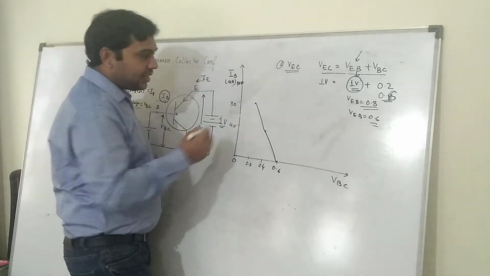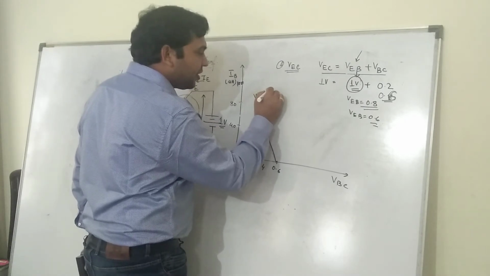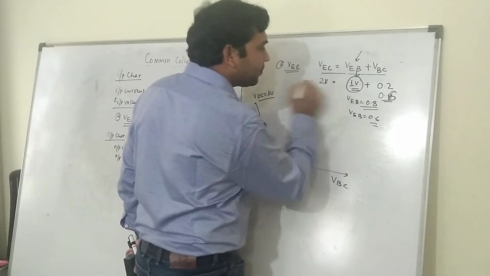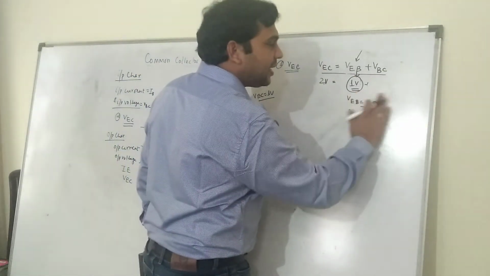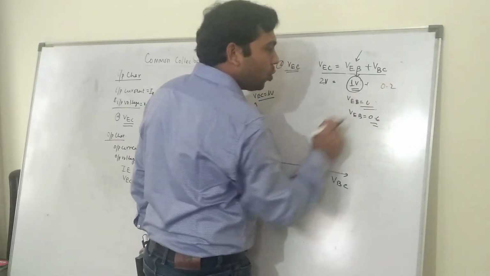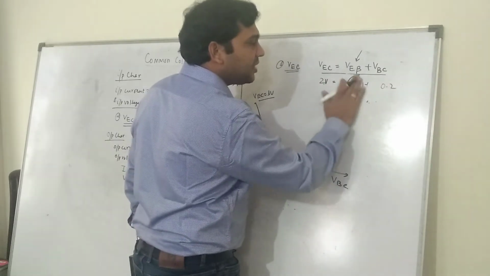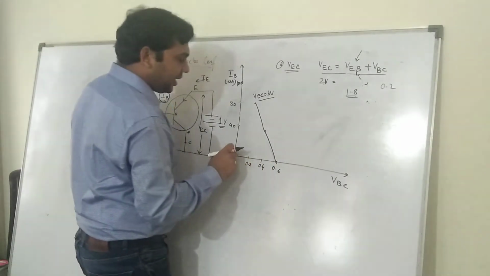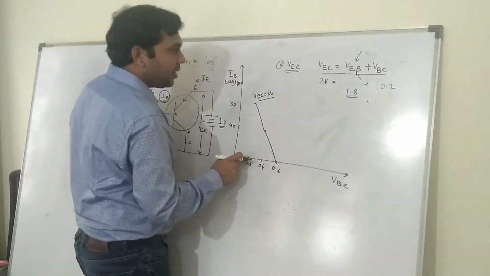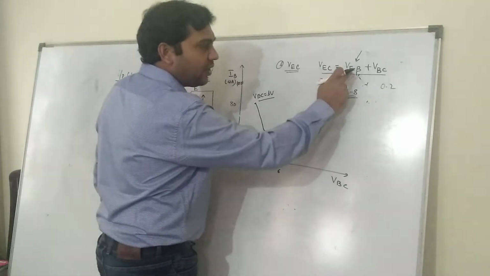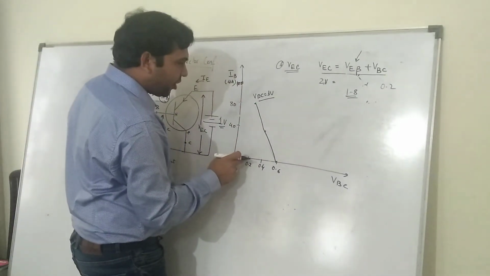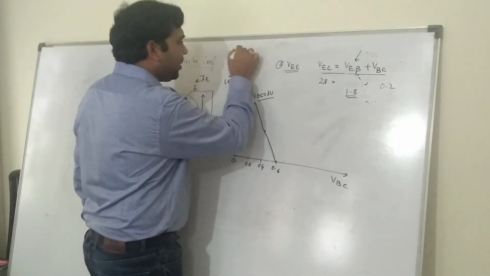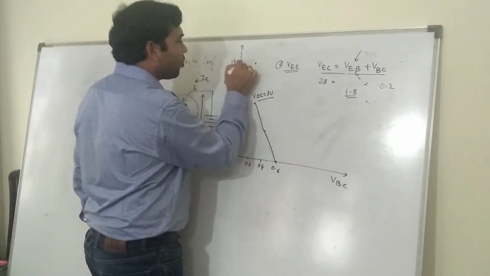Okay. Now, this was VEC at 1 volt. Now let's say VEC is 2 volt, and VBC again is 0.2, so you will have VEB equal to 1.8, meaning very heavy forward bias. At 1.8, the IB is somewhere around 140 microampere.